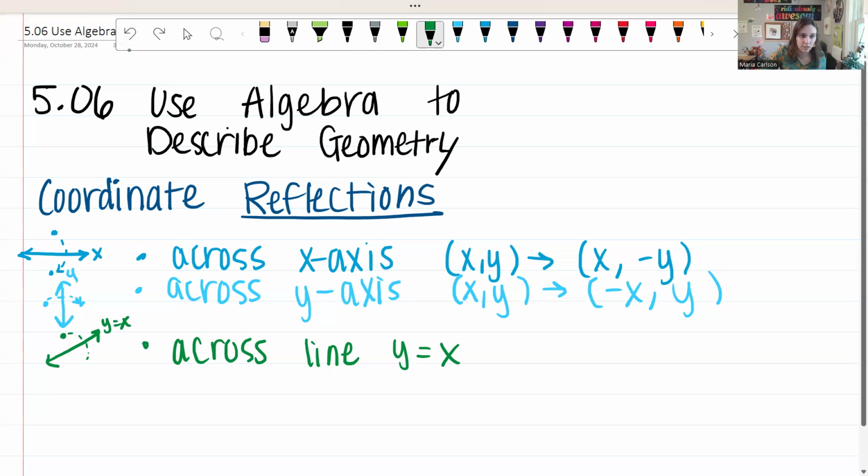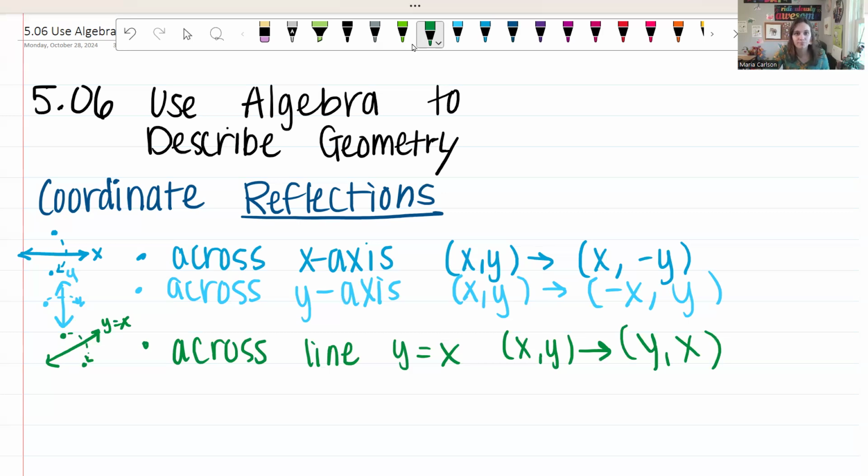The mapping rule for this: your point x comma y is going to become the point y comma x. If you reflect over the line y equals x, you are just reflecting the point to y comma x.